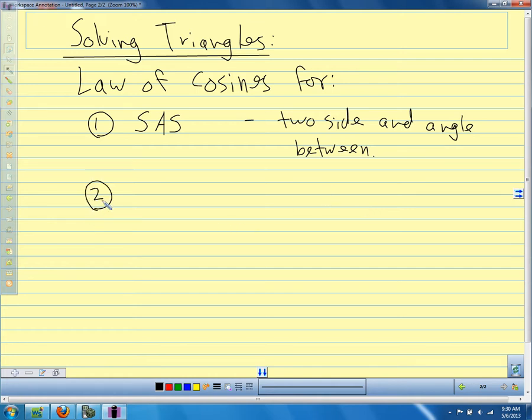And the second is when we have a side side side triangle. So these are the 2 kinds of triangles that we use with the law of cosines. Side angle side, side side side. So what I want to do today is just go through a couple of examples of using the law of cosines to find missing parts of triangles.